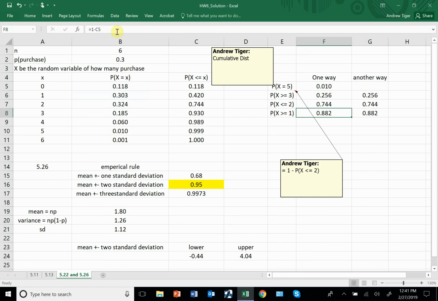Greater than or equal to 1 is 1 minus the probability. So this one, I did 1 minus the probability that x is less than or equal to 0.